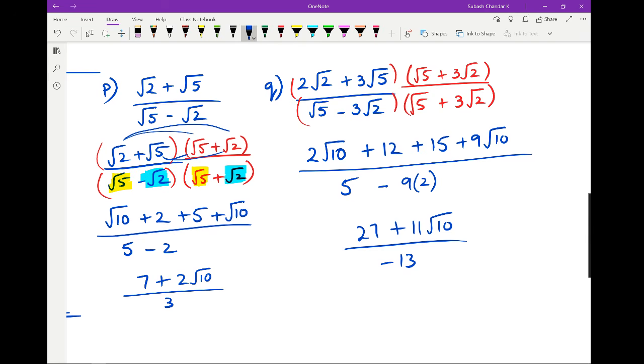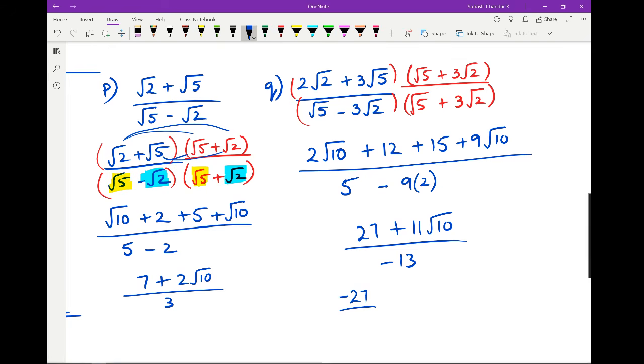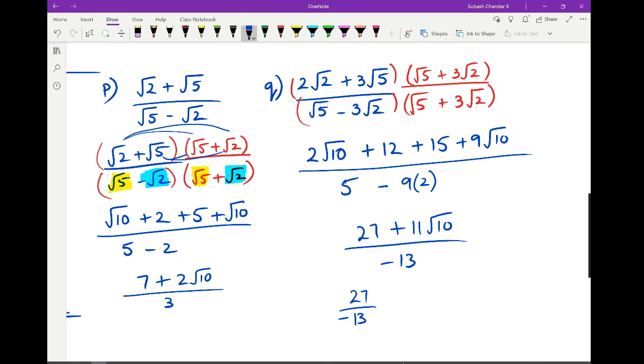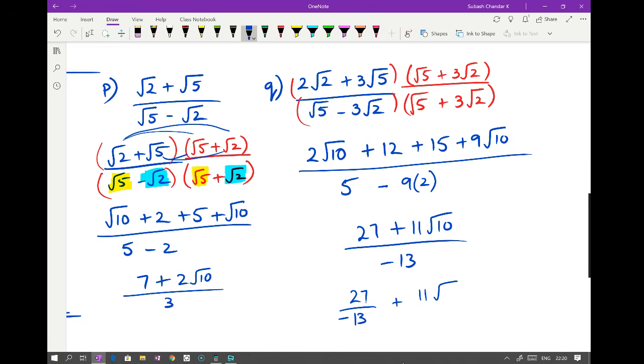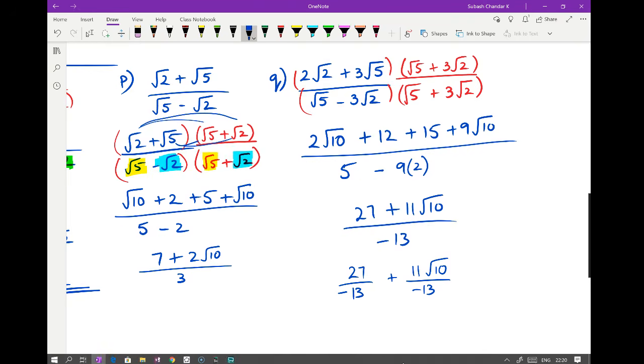Well, you could do this as well. You could have actually done it like this, where it's negative 27 over 13. Well, it'll look like this. Hang on. Which means it ends up looking like this.